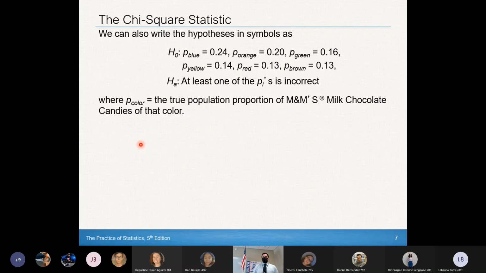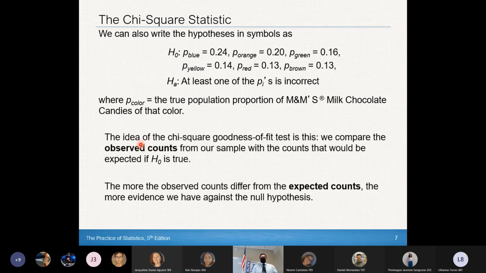At least one of the colors is incorrect, where p sub color equals the true population proportion of M&M's milk chocolate candies of that color. So we could write our hypothesis this way. In my opinion, there's just more that could go wrong in writing it this way. There are more things to be judged on if you write it this way.